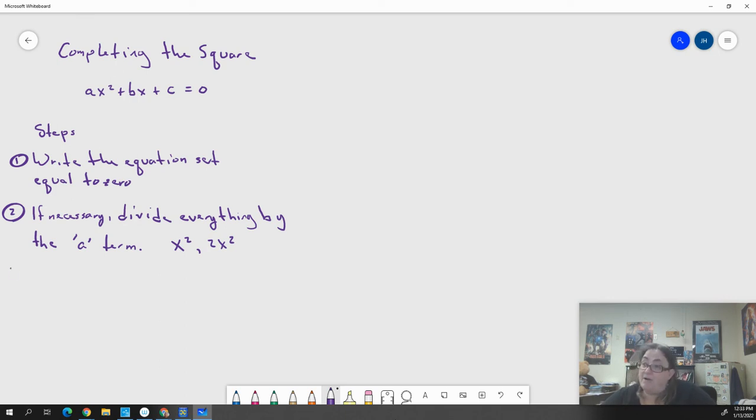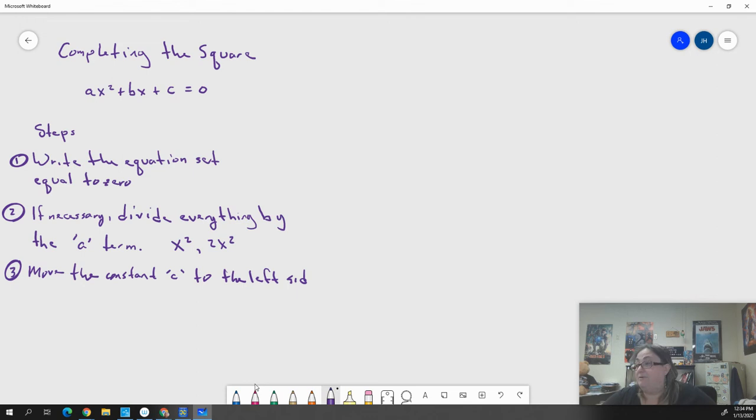So after that, our next step would be to move the constant, which is basically our C term, to the left side, right? Sorry, the right side.